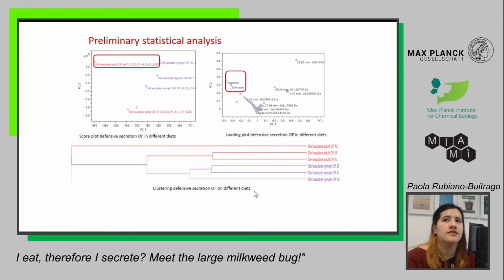And when you try to cluster all these defenses together, you see a clear definition that adults differ highly from nymph defensive exudates. But what strikes me as surprising is that you would expect Asclepias-raised bugs to share more characteristics, but it turns out that because of the lack of cardenolides, like the really low amount present in the defensive exudate of Oncopeltus raised on incarnata, it is more similar to sunflower seed defensive exudate, almost a non-toxic bug, a non-toxic diet.